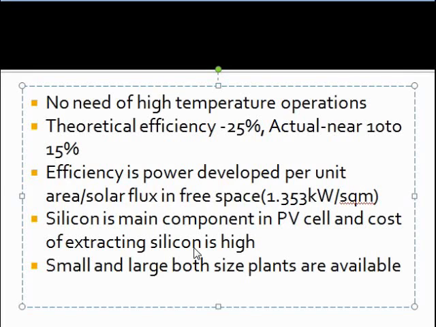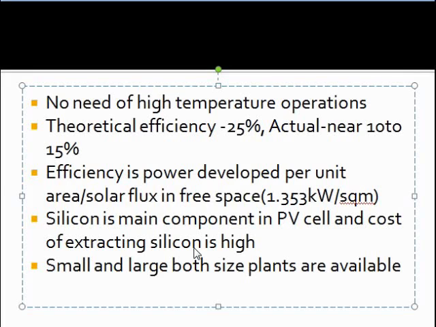10% of 1 kilowatt is 100 watts. So if you have a solar panel of 1 meter square and the sunlight is giving 1000 watts of energy, the solar panel will give us only 100 watts of energy. That means 90% of the energy is not utilized.